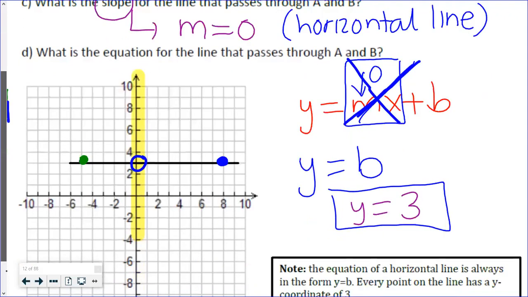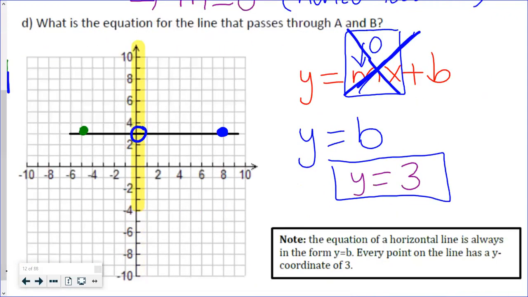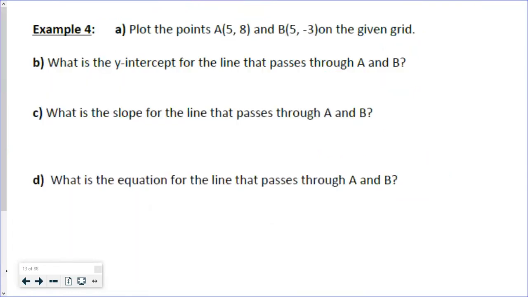So all horizontal lines have the coordinate of their y-intercept, the b in this case. Just for your own knowledge, but we've already dealt with horizontal lines.